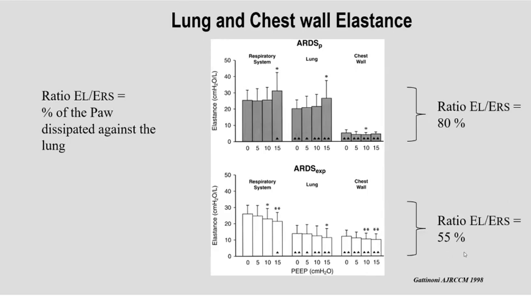So some people have said maybe we should use a ratio of the elastance of the lung to the respiratory system to try to see what is the plateau pressure of the lung as a safe limit. This has been criticized because it makes some assumption, and especially that the end expiratory value is close to 0.